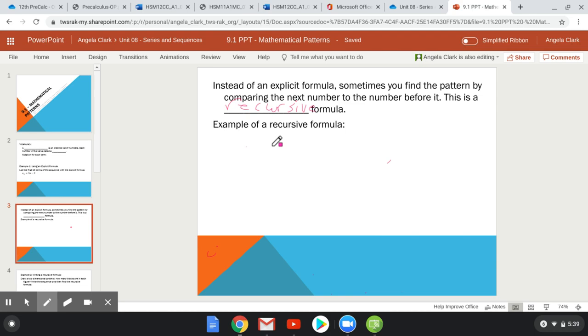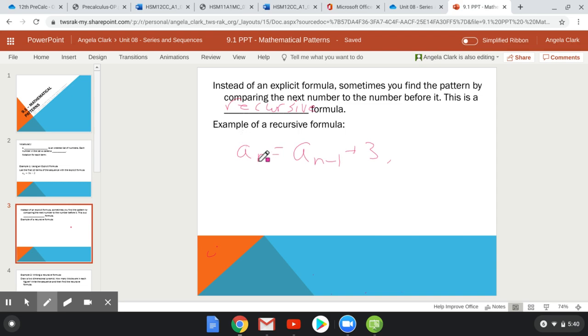As I pointed out on the previous slide, I could have said, okay, an is just the previous one plus 3. This is the notation for a recursive formula: my new term is my old term plus 3. So this would be a recursive formula for the one that we did on the previous slide.